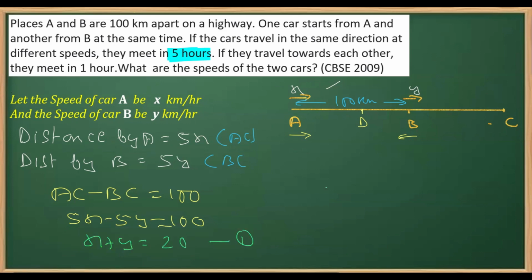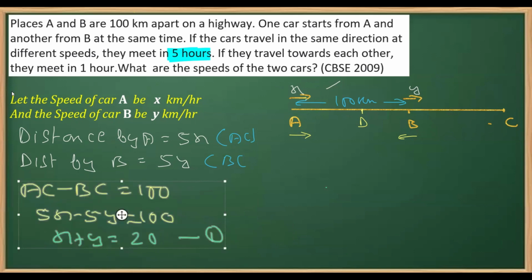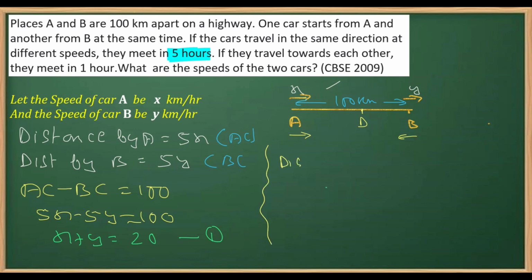Now we are going to apply the same concept to the second part of this sum. In the second case, they are traveling opposite to each other, so we may erase this part and just focus on this part. In the second case, the distance by A is speed into time. Speed is x only, and the time is 1 hour, so 1 into x.